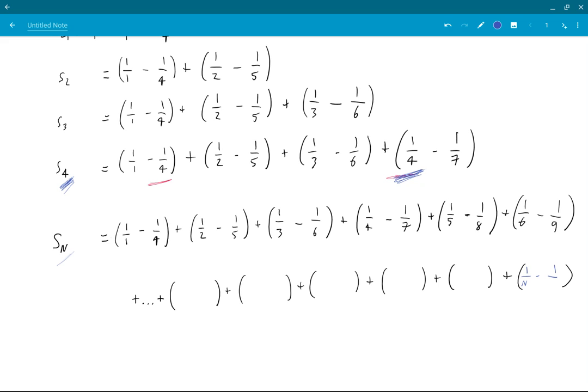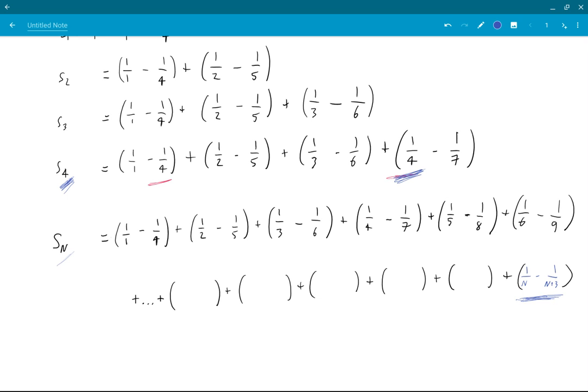Minus 1 over N plus 3. Now, starting here and moving right to left.